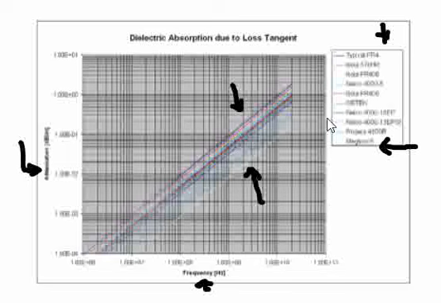So what Intel mentions is they have used the Megtron 6 material from Panasonic for their high frequency board successfully. So as frequency goes on increasing, it is important that we consider the losses and select the PCB material.